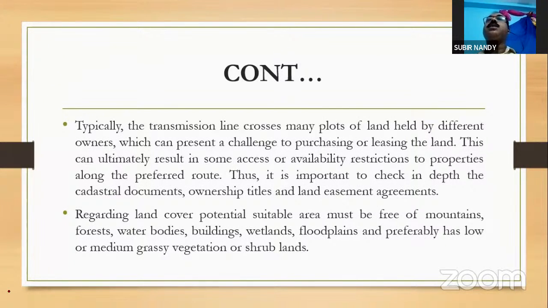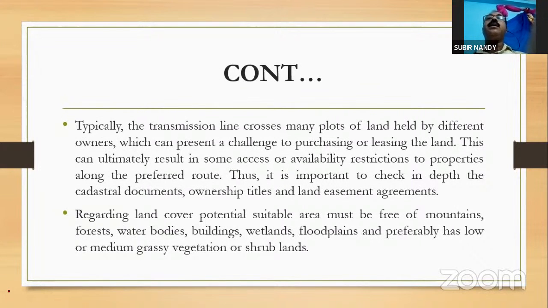Typically, the transmission line crosses many plots of land held by different owners, which can present a challenge to purchasing or leasing the land.